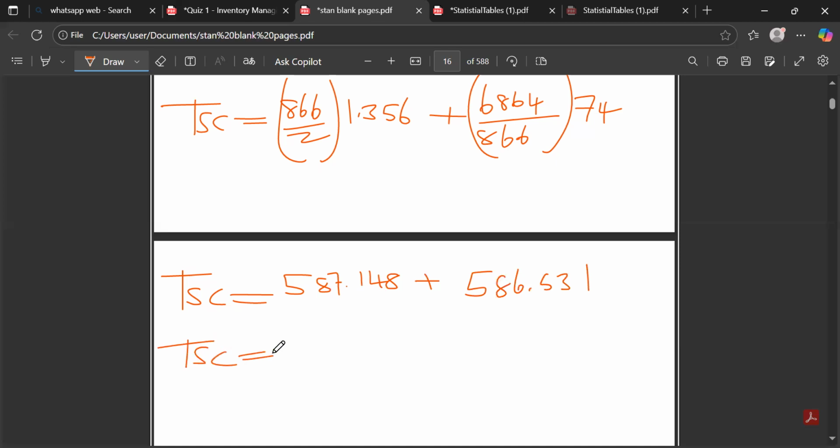Our total stocking cost will give us 587.148 plus 586.531.